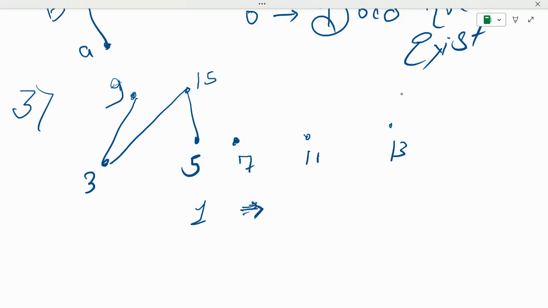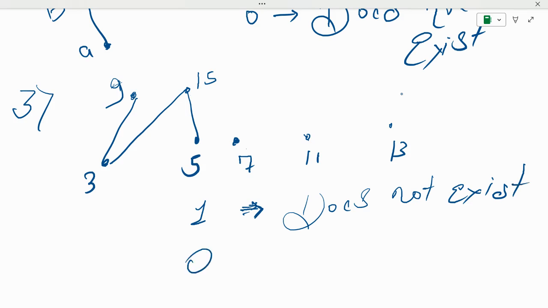Does 9 cover all the elements of the poset? No. 15? No. 7? No. 11, 13? No. So for this it does not exist. And if we ask what the least element is, is 3 covered by all the elements? Is 5 covered by all the elements? No. So it does not exist. Keep this in mind.